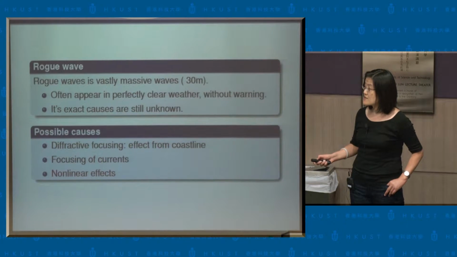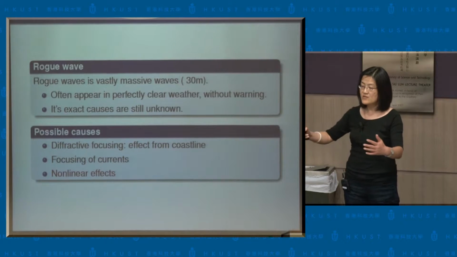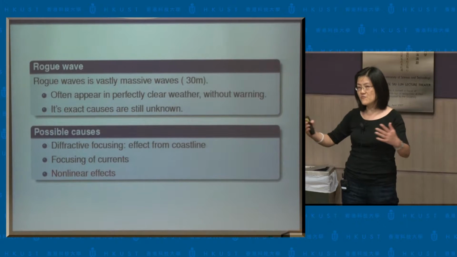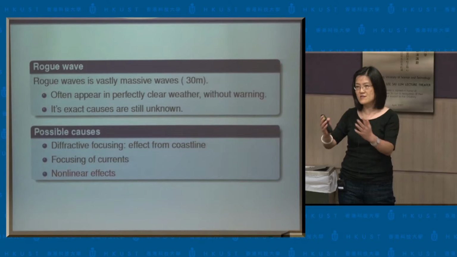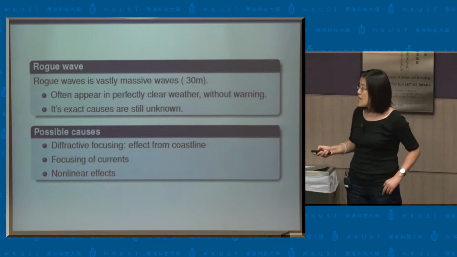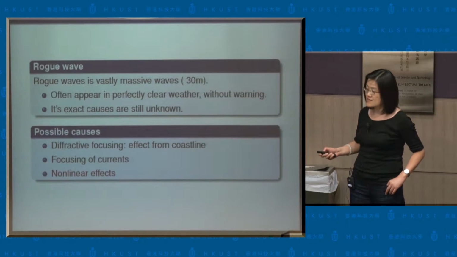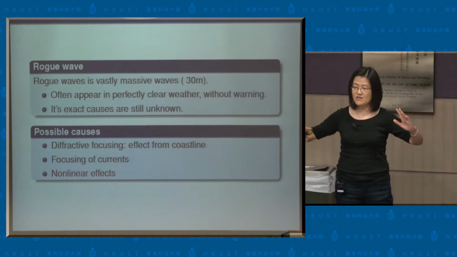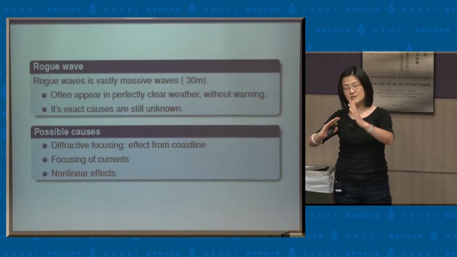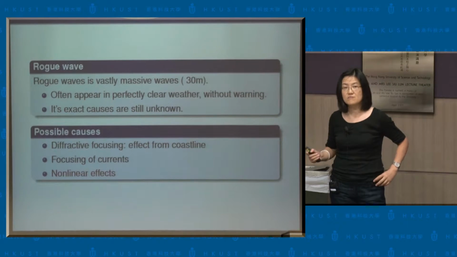So the conjecture is that this is because of the shape of the coastline. A certain shape of coastline has a way of pushing the waves together, and a large wave forms. Okay, but in certain parts of the world, there are also the currents and the wind. Currents going this way, the wind blows against it, and then the wave is pushed to become large.